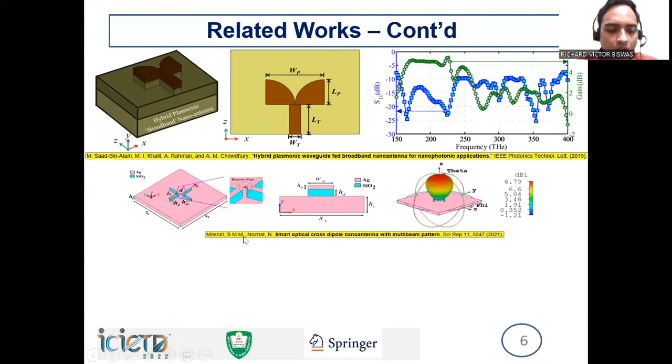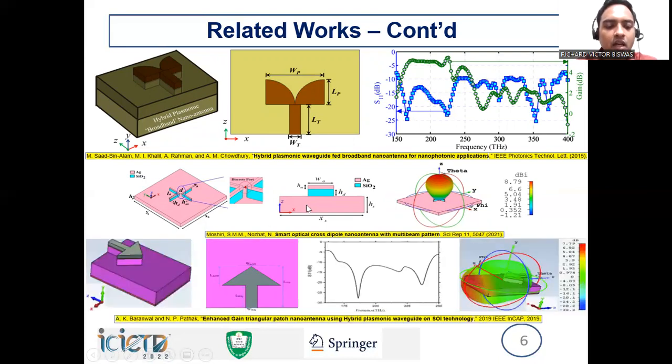Next, we have a smart optical cross dipole nanoantenna with multi-beam pattern, which was designed by Moshiri et al. By introducing a cross dipole nanoantenna with two V-shaped coupled elements, a maximum directivity of 8.79 dBi was obtained with a unidirectional radiation pattern.